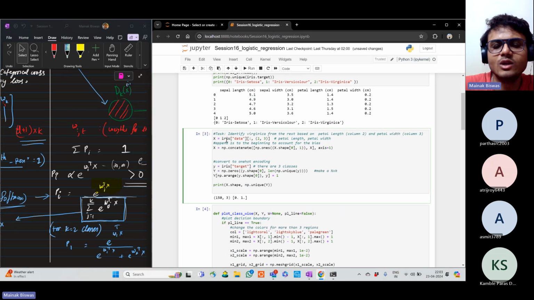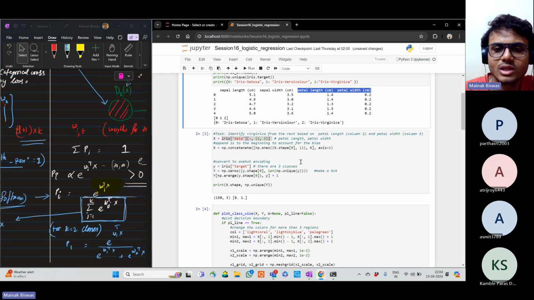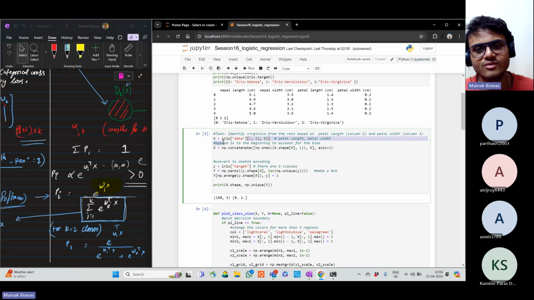Now I load the data, and since I want to have better visualization, more than 2D will be difficult to visualize, right? Do you agree? For the time being, I have only selected sepal width, petal length, and petal width as the features to predict which class it is in. So the iris data gives me the data, and these give me the columns I want to select.